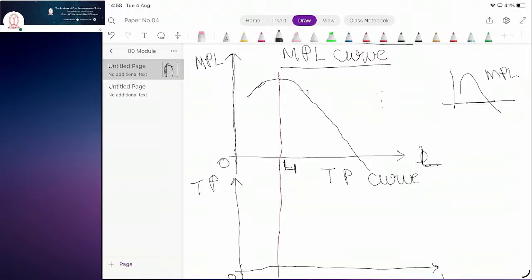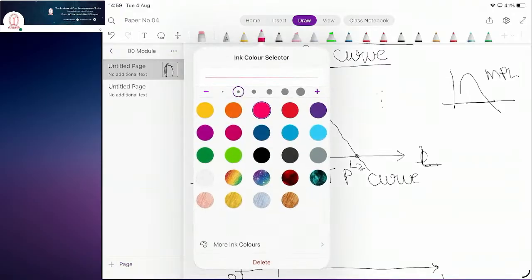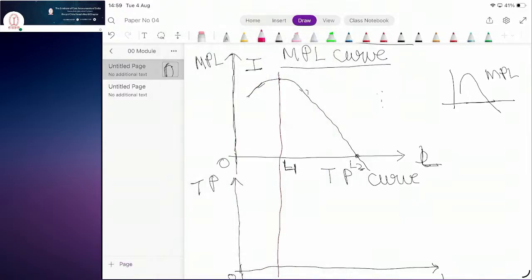This we will call stage 1 of the production process, where the marginal product is increasing. From L1, mark this point L2.